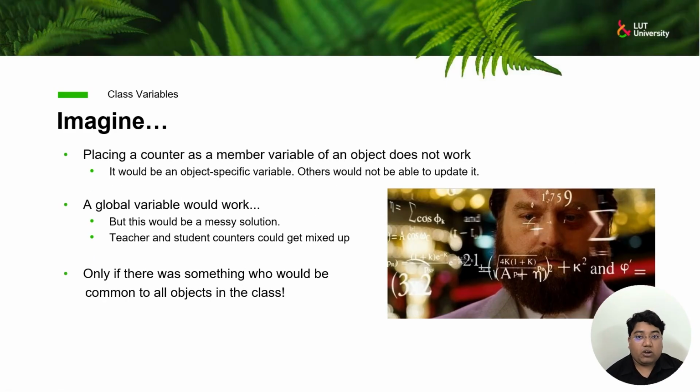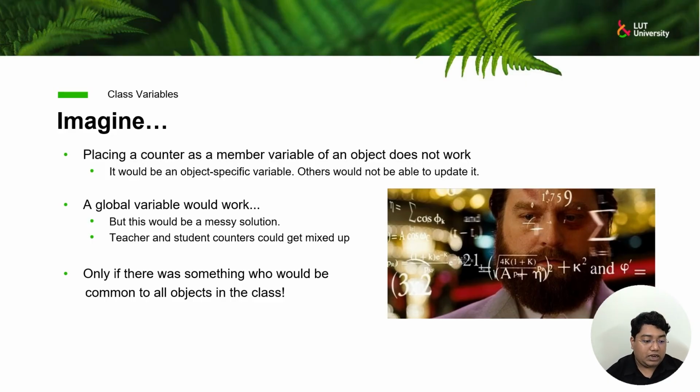So, why not a global variable? Technically, this could work. Every student object could update the same counter, but global variables usually make programs harder to manage. Imagine we later add teachers, courses, and classrooms. Soon we will have global counters for everything.